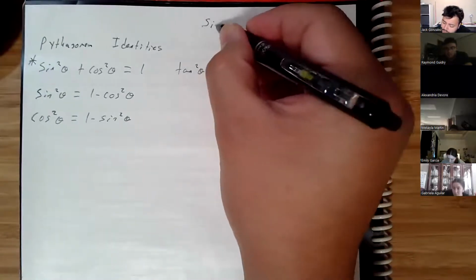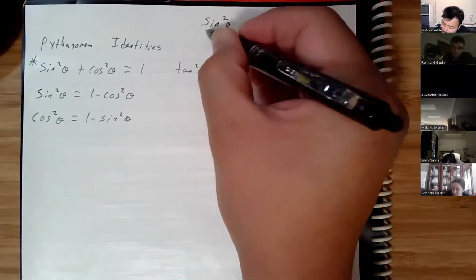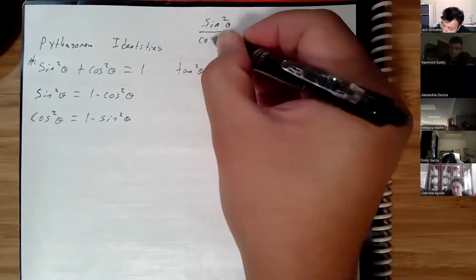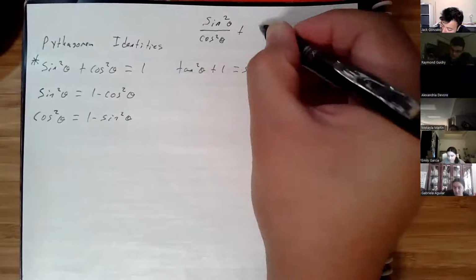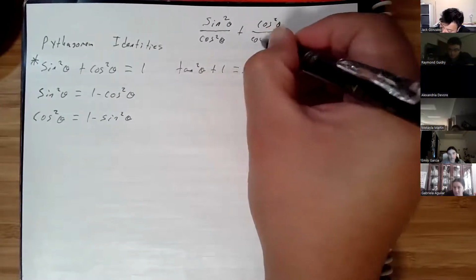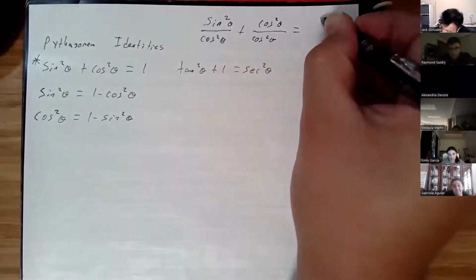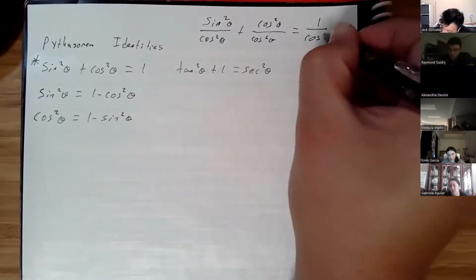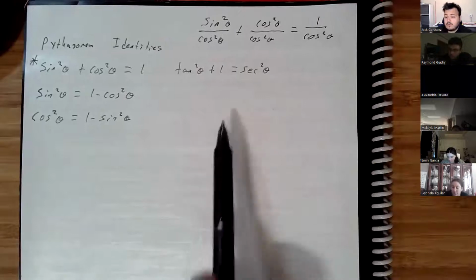So imagine dividing everything by cosine squared, the original. You see how we get this, right?